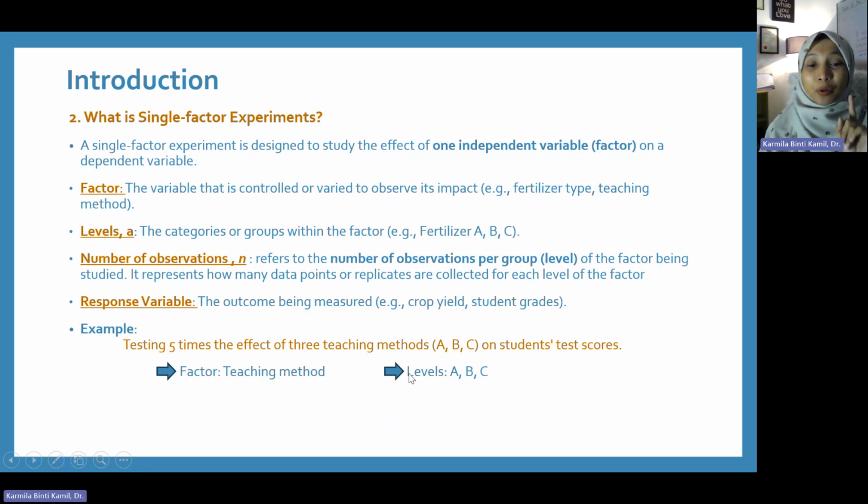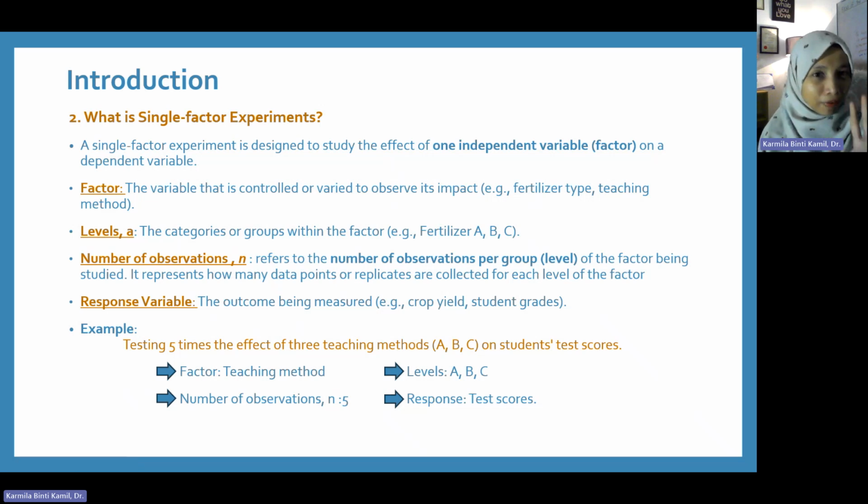So how many levels, or a, do we have? We have A, B, and C, meaning that we have 3 levels. And then we also have number of observations mentioned here, since it was tested 5 times. The testing is done 5 times. So number of observations N is 5, and the response is the test score.